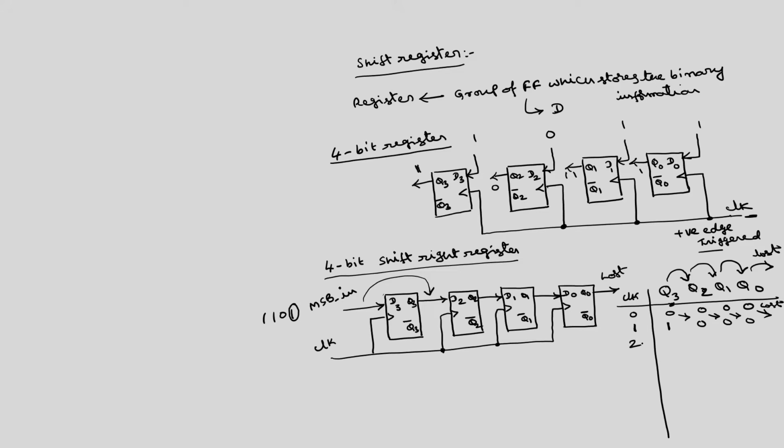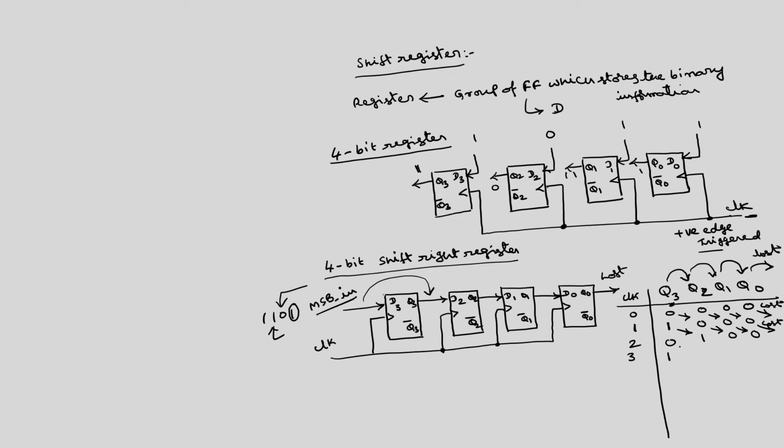At the second clock signal, the second bit applied as MSB in, 0, will be inputted into Q3, this 1 will be shifted here, this 0 here, this 0 here, and this will be lost. At the third clock signal, the third bit is say 1.